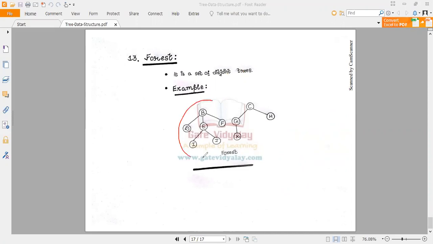The individual subtrees which gather together to form a complete tree are called a forest. So these are considered as forest. Any disjoint, any independent subtree will be considered as a forest.